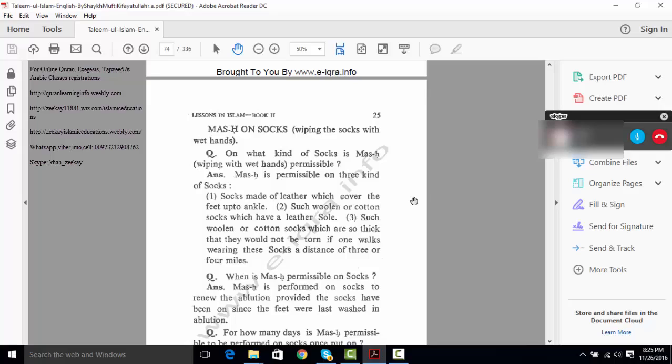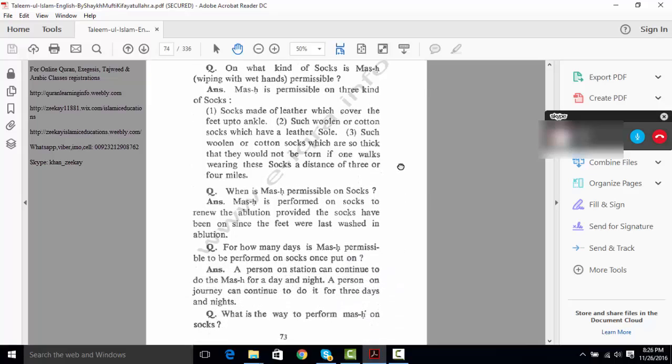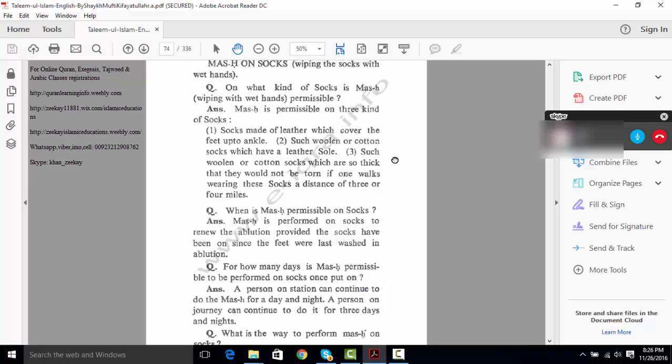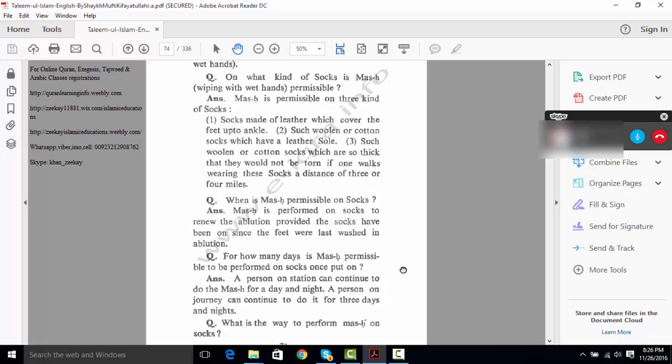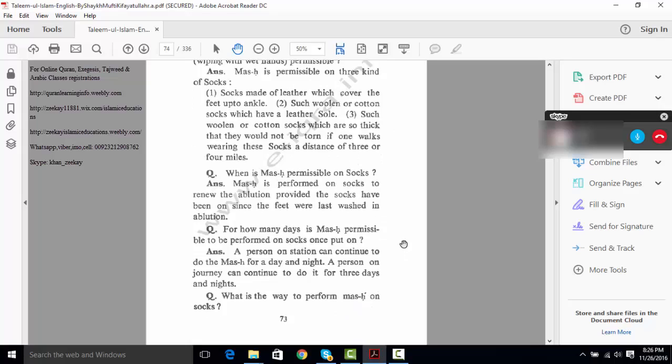I think you use them because the winter in your American areas is very cold. Yes, we use them. Inshallah, we will also consider masah on socks because one needs them in winters, right? Inshallah, we'll do it in the next class.